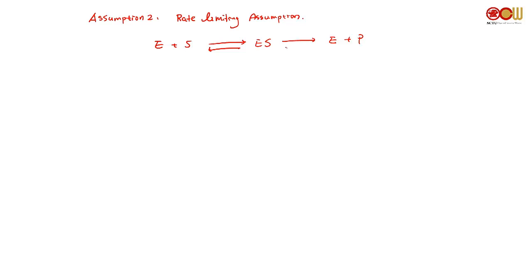All right, we're going to go into assumption number 2. We're going to go over the assumptions, and then as we're going over the derivation, you'll see where they fit in. Assumption number 2 is what we call the rate limiting assumption. What does that mean? Again, we have E + S giving me ES, giving me E + P, with k1, k-1, k2, k-2.